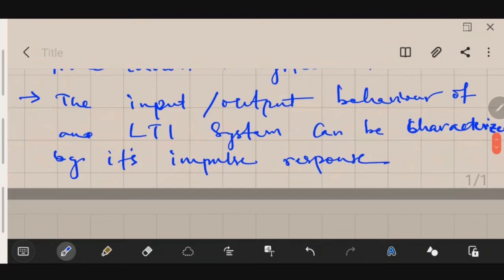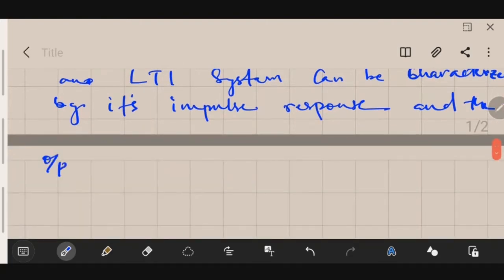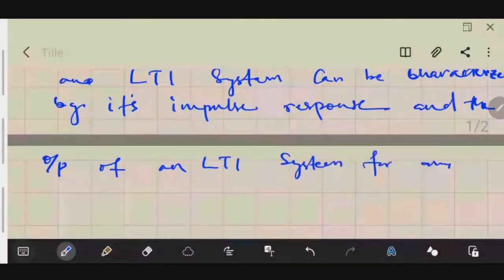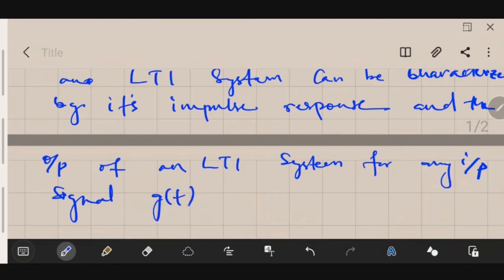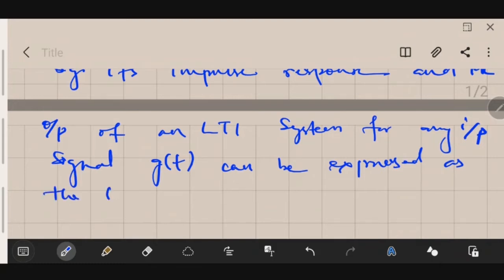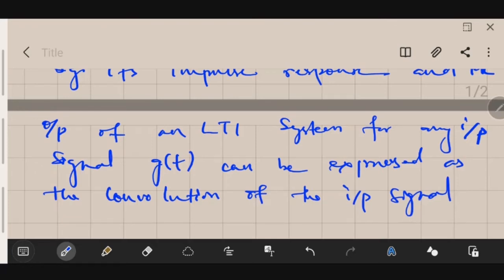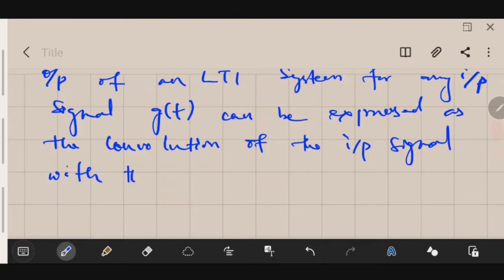And the output of an LTI system for any input signal G of t can be expressed as the convolution of the input signal with the system impulse response.